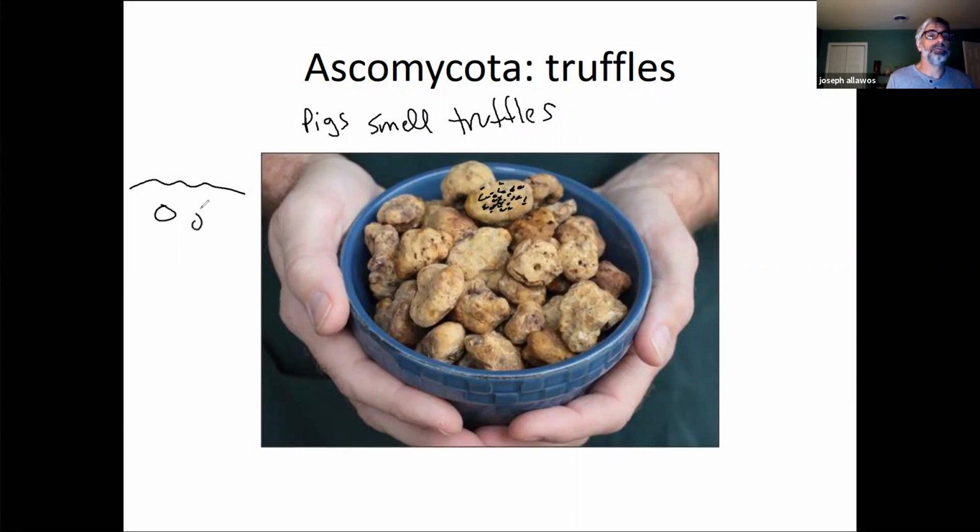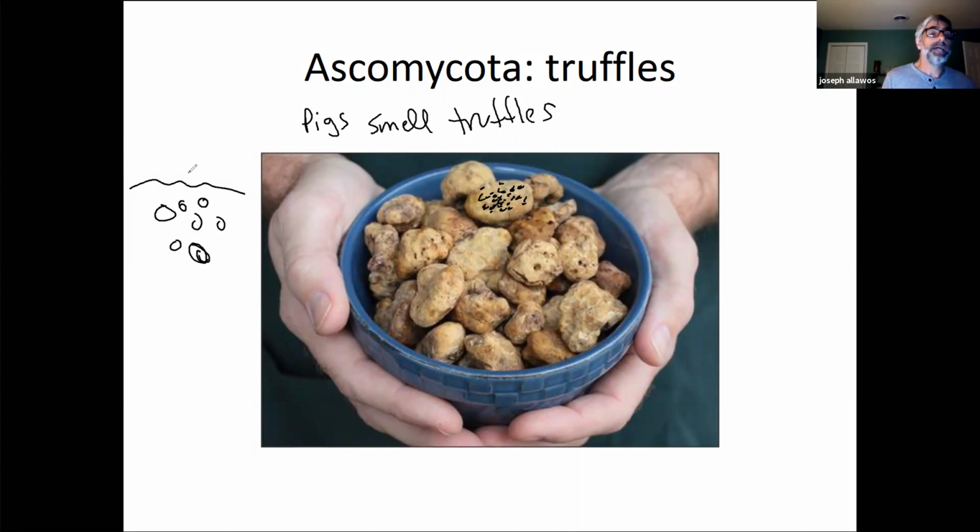But in the case of the truffle, they're buried in the ground like this, okay? And so you can't see them. It's hard to find them. And so what people discovered was that pigs were very attracted to the smell of these truffles. A good truffle pig could sniff out truffles from a mile away. And so the idea is you lead the pig through the woods, it sniffs out the truffles, it starts digging and scratching on the ground, and then you pull the pig back and you dig out these truffles.